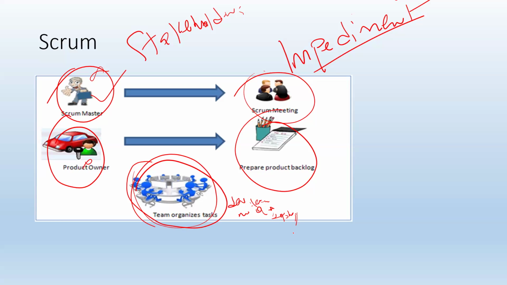The team itself has the responsibility of organized tasks. Of course, there will be senior members in this team. There will be some leads who will be assigning those tasks to each and every member.